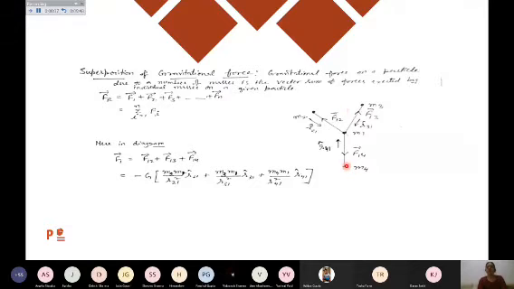Then what I have to do is, the forces acting on M1 due to M2 or M3 or M4, all those forces are to be added, taking care of their vector nature. It means the total force acting on M1 is equal to the vector sum of the forces acting on that particle due to the other masses around it.